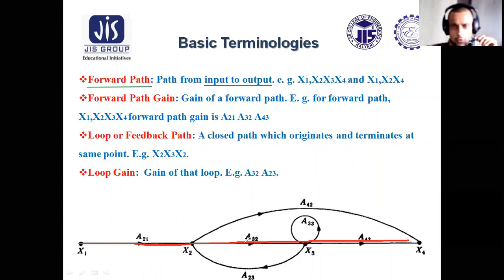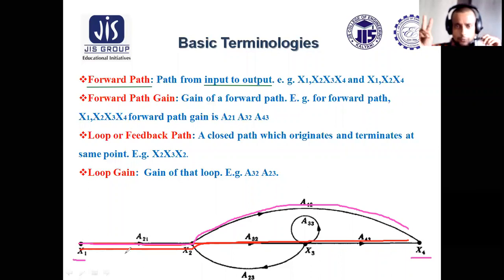So this is one forward path. Similarly, there is another forward path. Let us mark it by pink. This is another forward path connecting input node and output node. So there are two forward paths in this figure. One is shown by this red line, another is shown by the pink line.